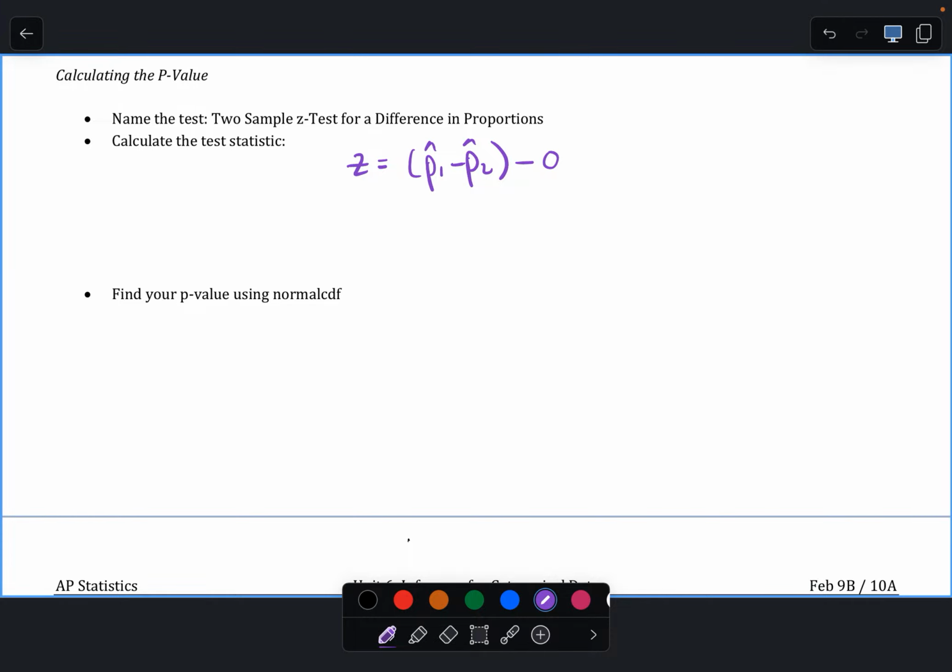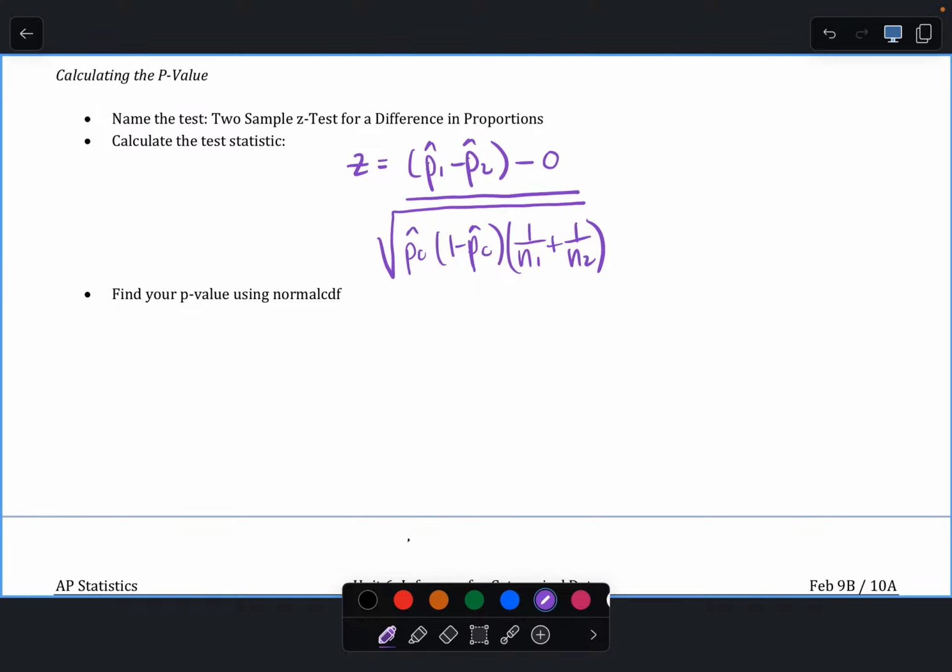You don't have to write that, but I'm going to write it to show that I did subtract the mean, over the standard error. I'm going to use the P pooled value, the PC, which again works under the assumption that the null is true. So 1 over N1, 1 over N2.